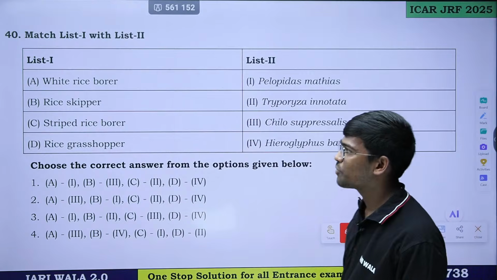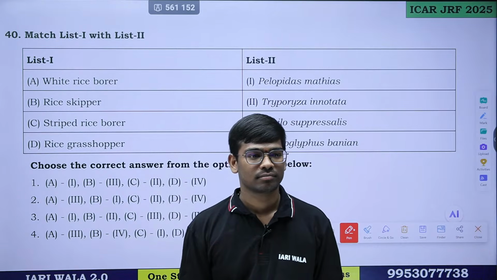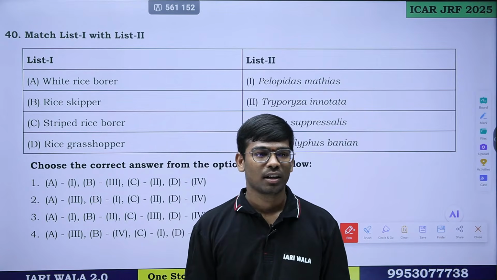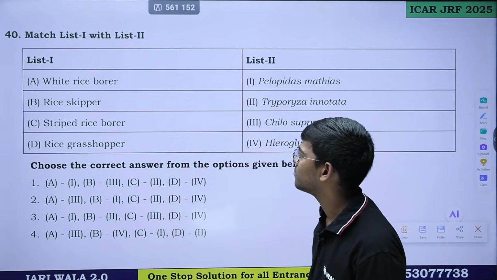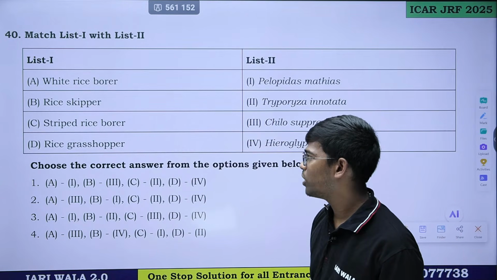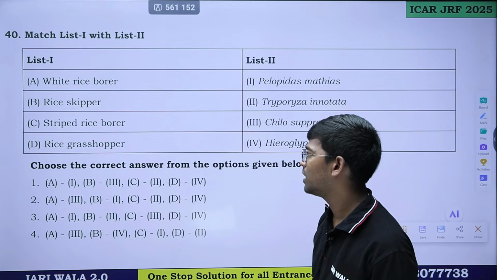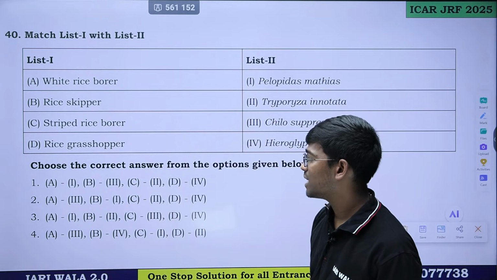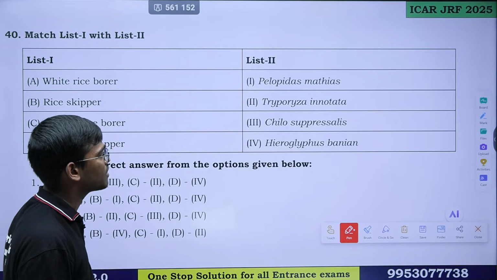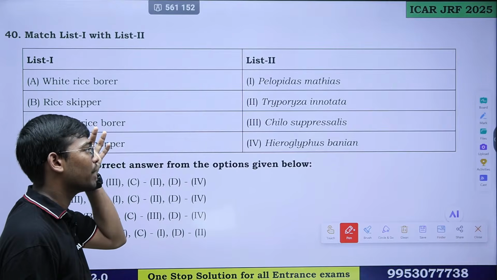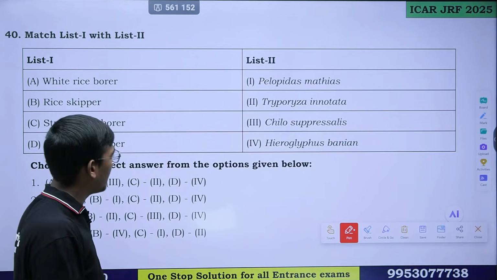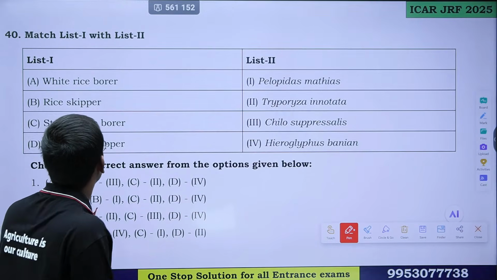And the last question was asked in the 2025 paper. Okay, here we can see again the common names on this side and scientific names on the other side: white rice borer, rice skipper, striped rice borer and rice grasshopper. On the other side we can see the scientific names Pelopidas mathias, Scirpophaga innotata, Chilo suppressalis and Hieroglyphus banian. So we have discussed many times the taxonomic positions.